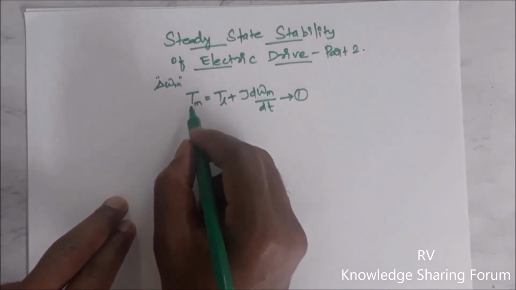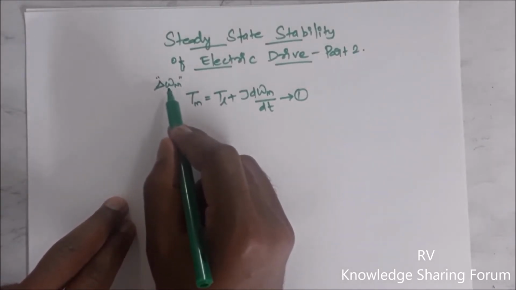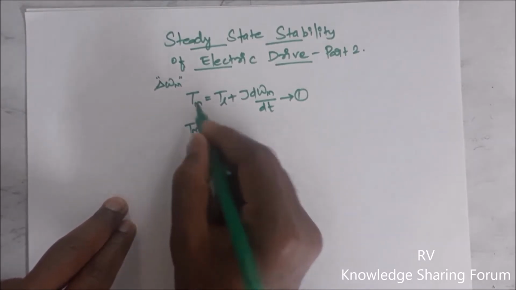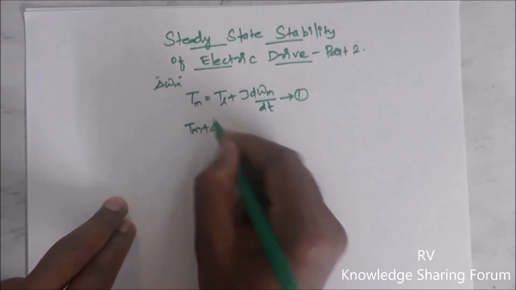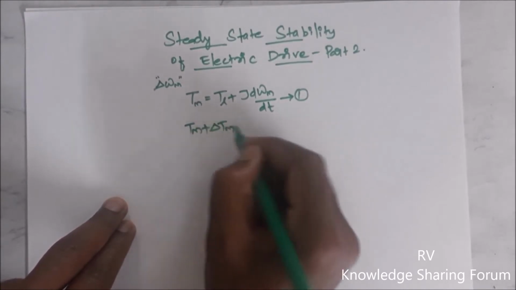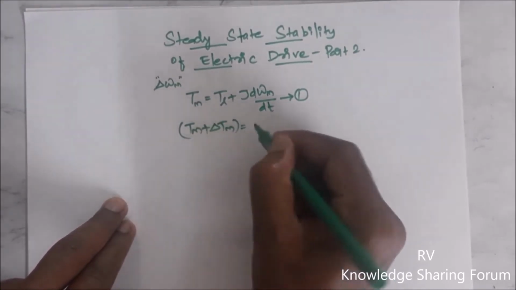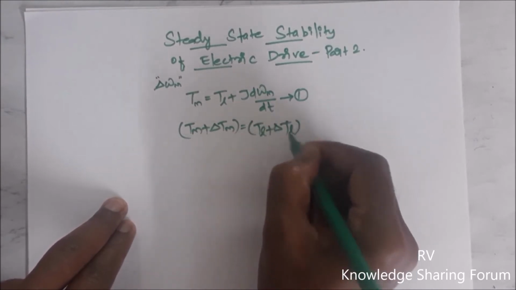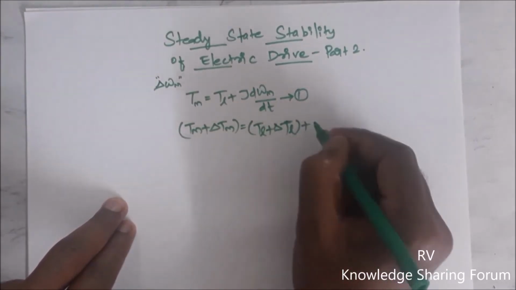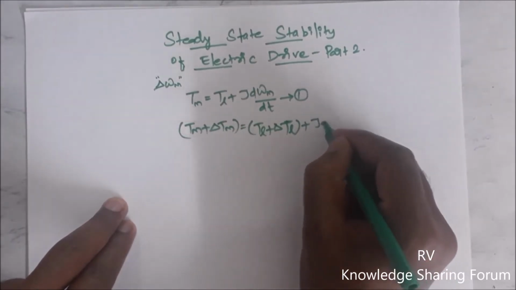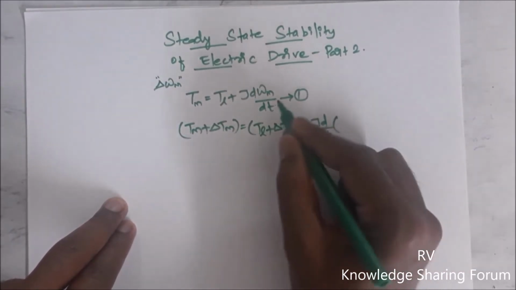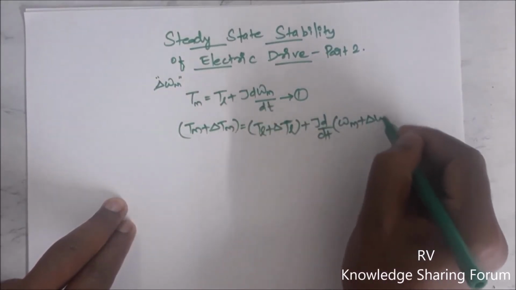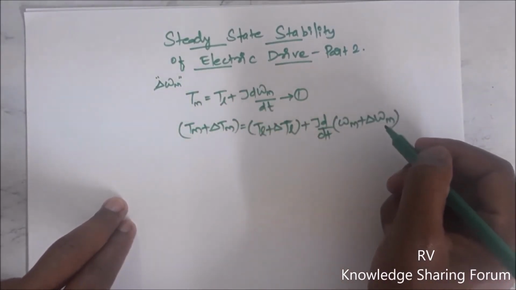After this, if we increase the speed by delta omega m, what will happen is you will have a small increment in motor torque: Tm plus delta Tm is equal to, similarly here, TL plus delta TL, and here also J into d by dt of omega m plus delta omega m.